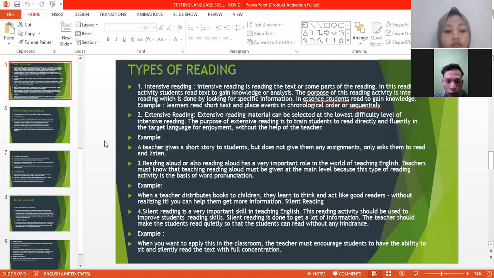Example, a teacher gives a short story to students but does not give them any assignment, only asks them to read and listen.